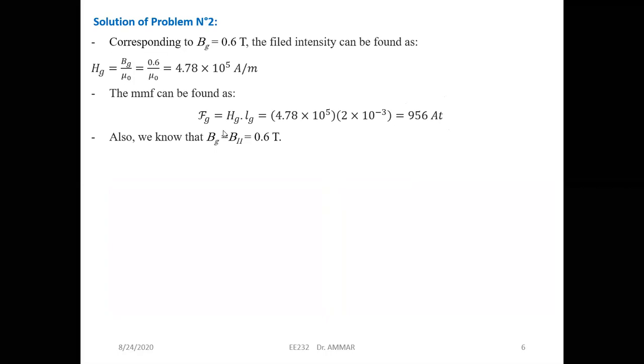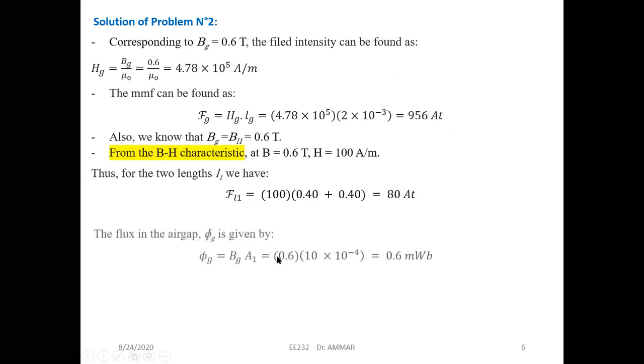I'm thinking about it. Here, in the second part, in L2, they considered already the leakage flux. Maybe because the flux has been created in this piece L2. In L1 and in the air gap, the leakage flux is not considered because the leakage flux has been lost already.